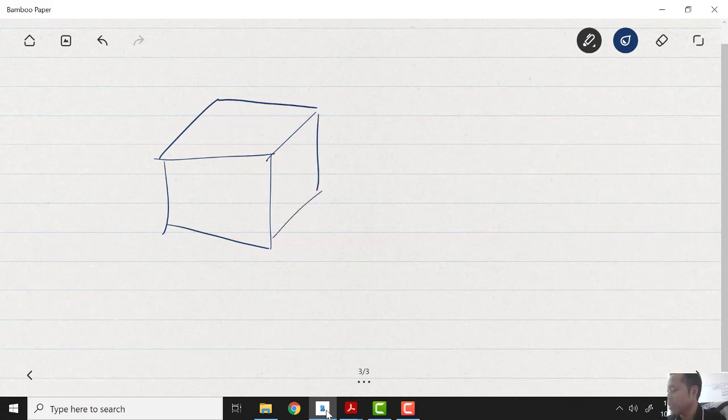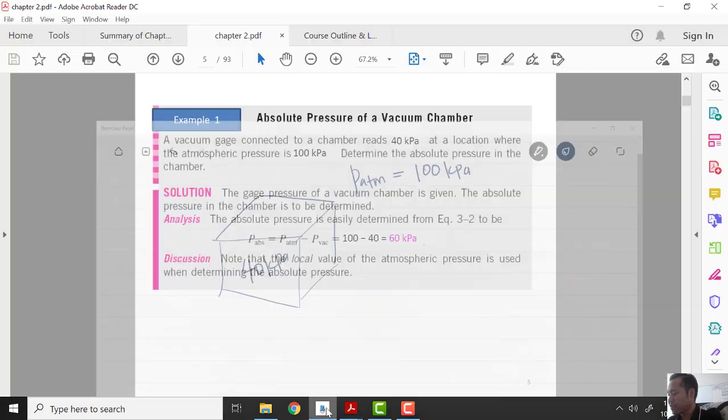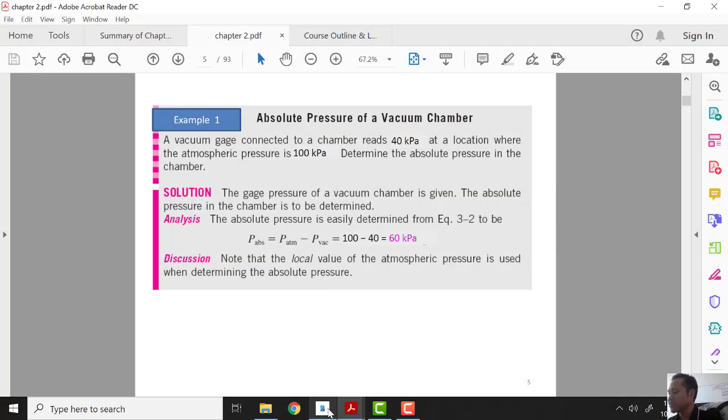In this chamber, we have 40 kilopascal, and outside the chamber, the PATM is 100 kilopascal. The question is they want you to find the absolute pressure in the chamber.